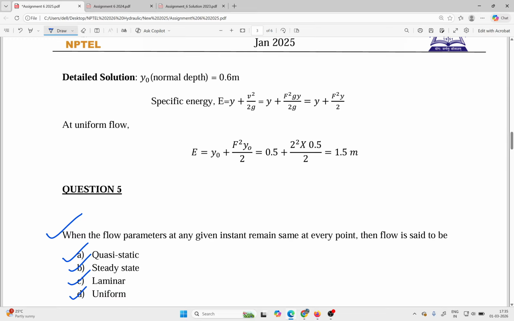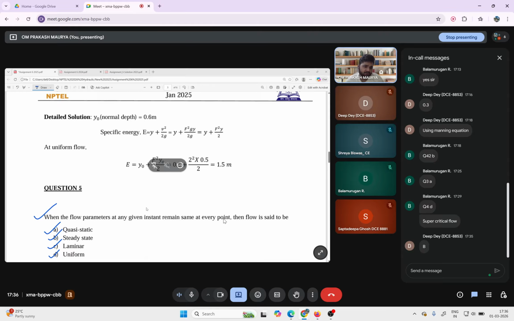So here you need to understand, when the flow parameter at a given instant remains the same at every point, then the flow is said to be... I think I have explained earlier, in week 2 or 3, I don't remember exactly, but I think I have explained it. No issue. Please just try to write your answer in the chat box.